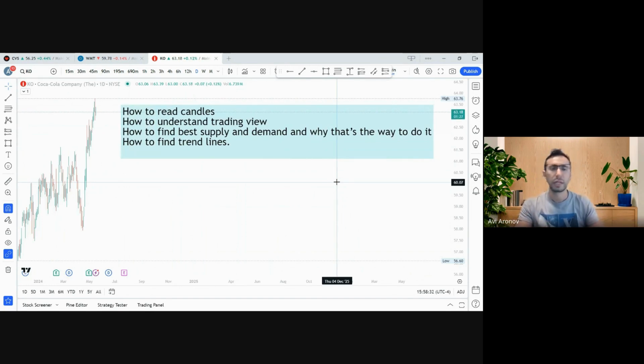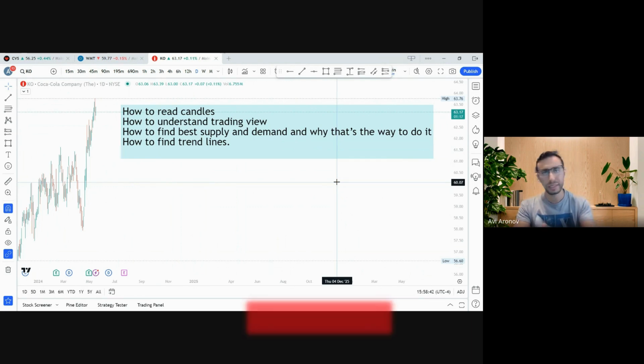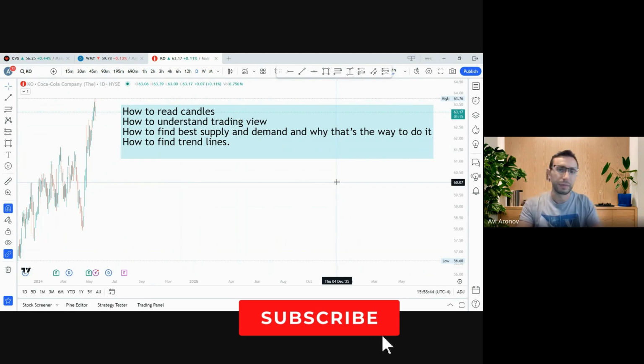Because what happened, I used to chart, which I will post in here, over 20-30 supply and demands in one chart. And what happened, after my mentor, luckily for me, actually taught me how to find the best ones so they have more probability of working out.